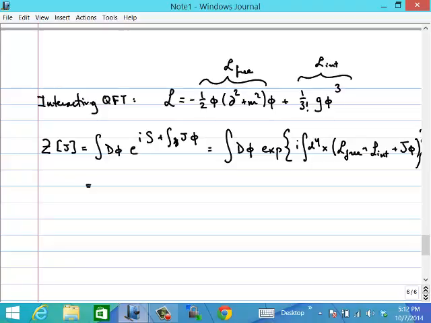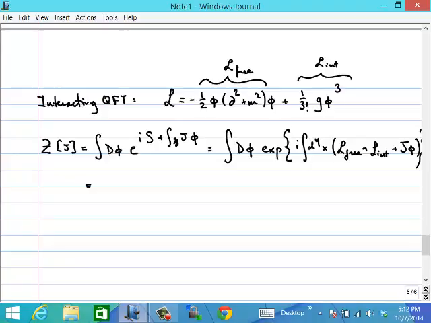Just expanding out that exponential. And each one of those terms in that expansion could be computed using the free quantum field theory expression for the generating function that I wrote down above, where each time you bring down a factor of phi, you just need to take a derivative with respect to the source J(x).